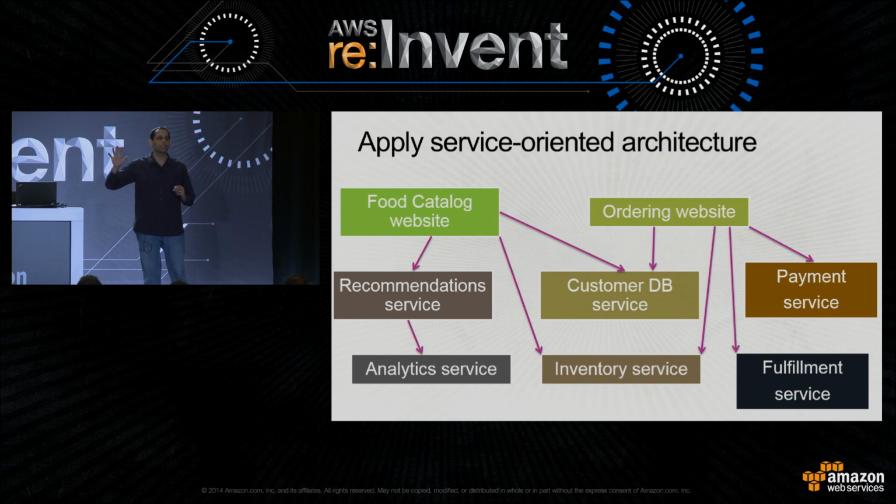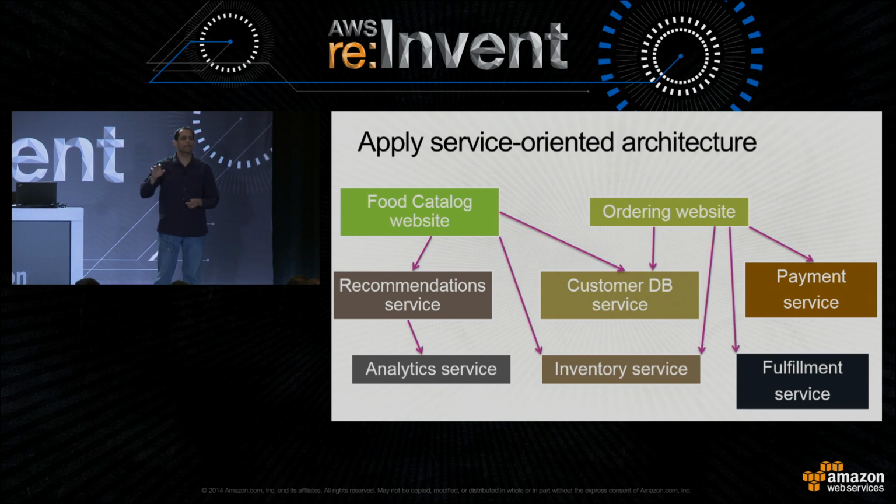So if I imagine a food ordering business, they might have a service-oriented architecture like this. And the good news is when you go to create stacks to manage something like this, the stacks and their relationships will look exactly like this.